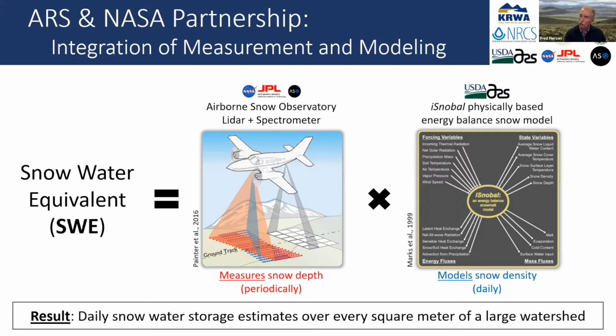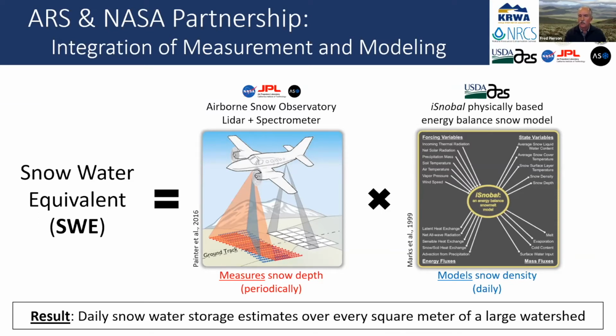But what we want to know is how much water is in that snow, not just the depth of the snow. And so that's what's called the snow water equivalent, or how much water is held. And that's where the modeling comes in. So you really have to have a density and the state of the pack, how much is melting when, and that sort of thing.